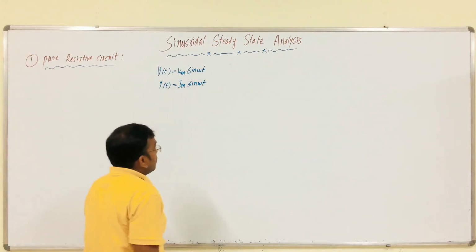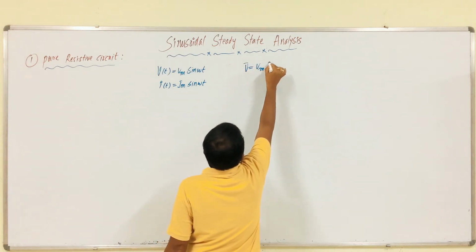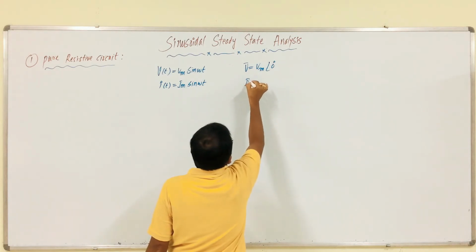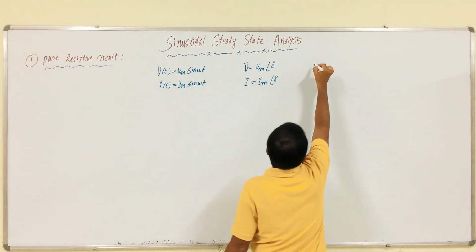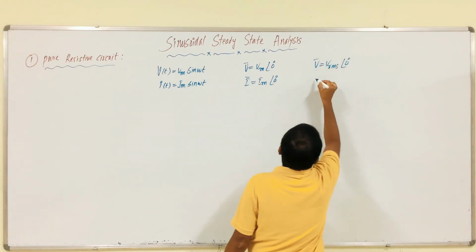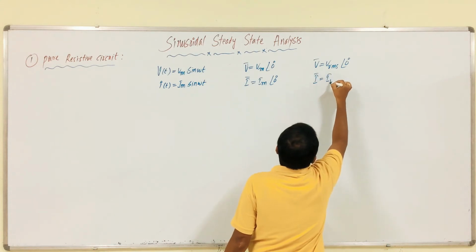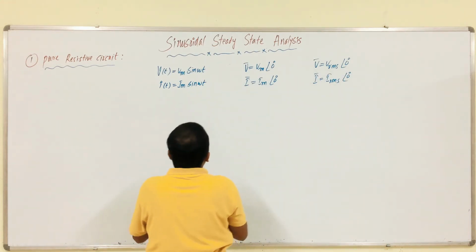Clear? Or we can write Vm at an angle 0, Im at an angle 0, or you can write Vrms at an angle 0, Irms at an angle 0.